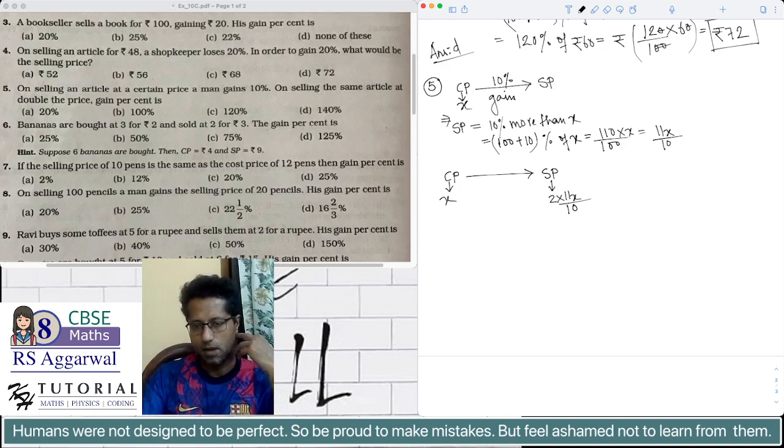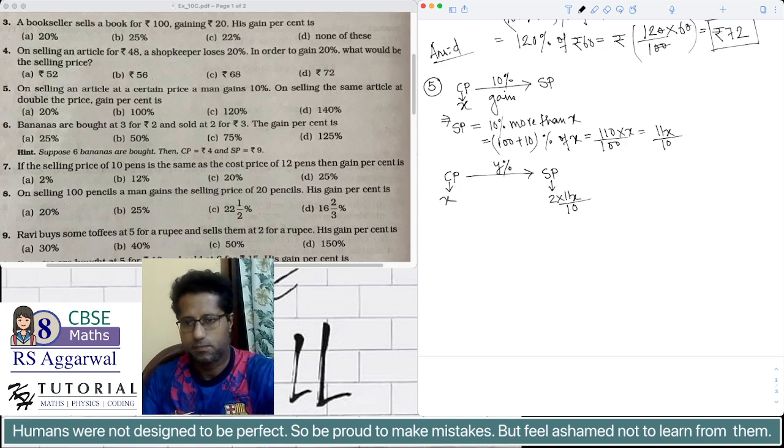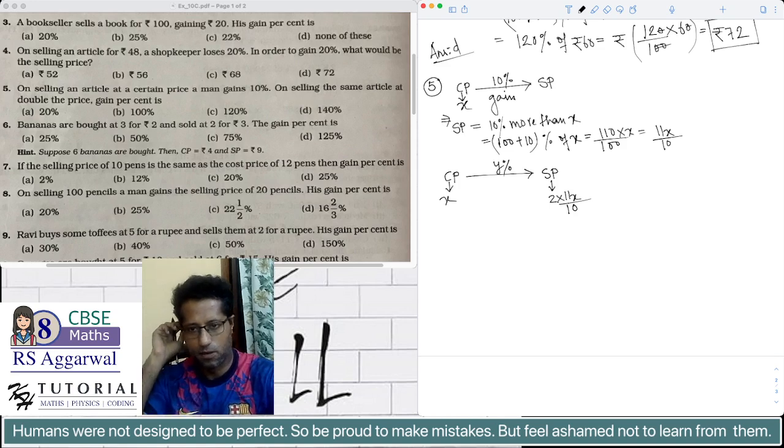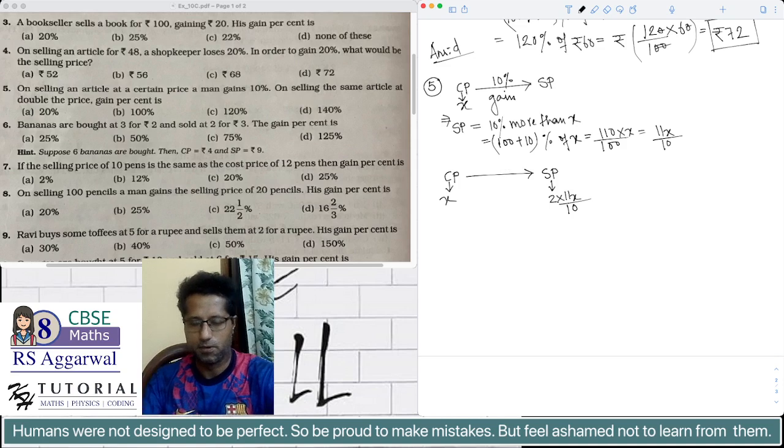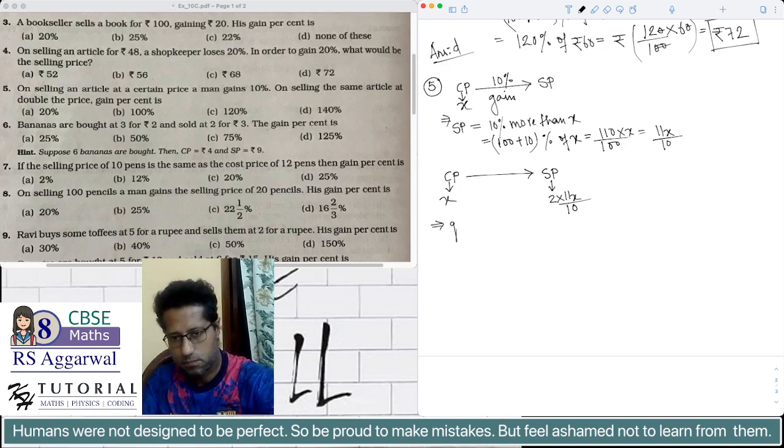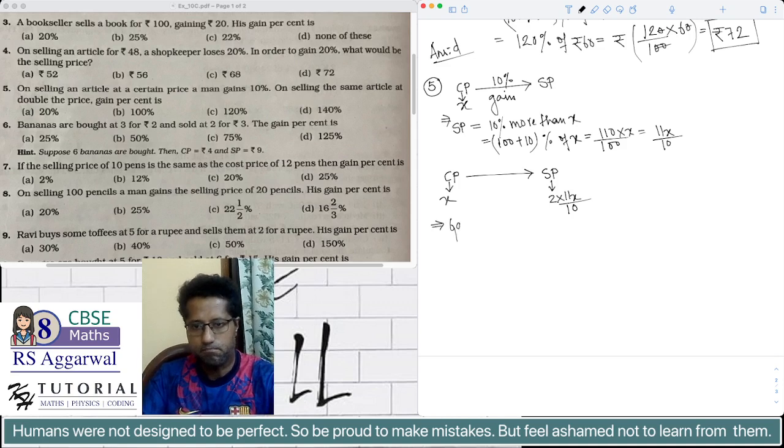So let's say in this transaction the gain percent is Y%. You can assume the gain percent as an unknown variable and solve for Y, or you can directly find the gain percent from SP and CP. So the gain will be equal to SP minus CP.